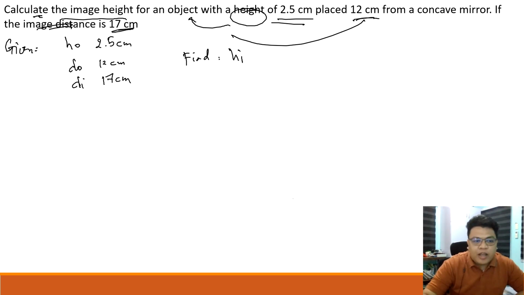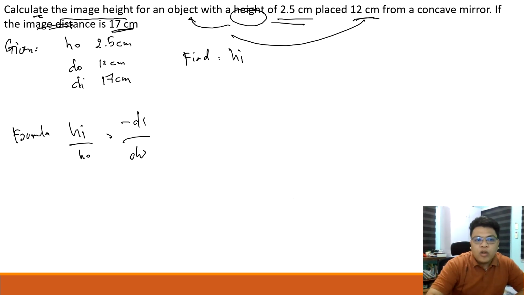So for our formula, we actually need to derive the formula. So our general formula for this problem is HI over HO is equal to negative DI over DO. But in our problem, we need to find HI. So I will teach you how to derive a formula based on my own understanding. So here, our first step is actually to cross multiply this formula.